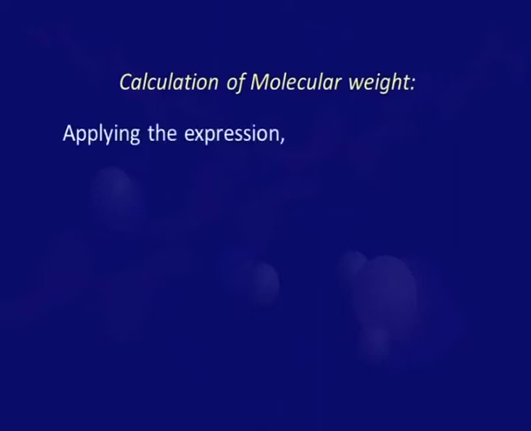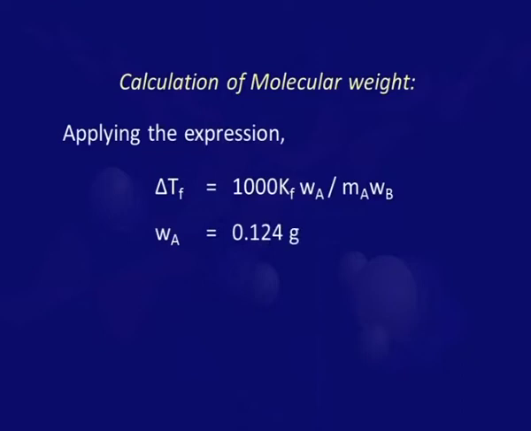Now we have to calculate molecular weight of the substance. Applying the expression delta Tf is equal to 1000 Kf into Wa upon Ma into Wb. Wa equal to 0.124 grams, Wb equal to 25 grams, delta Tf equal to 0.324 degrees Celsius.